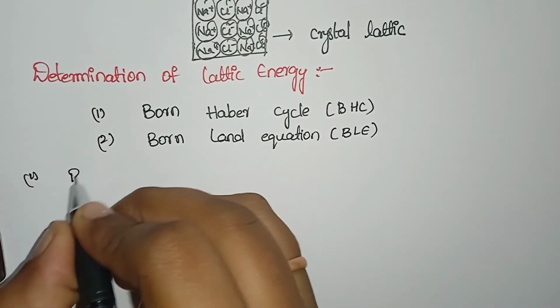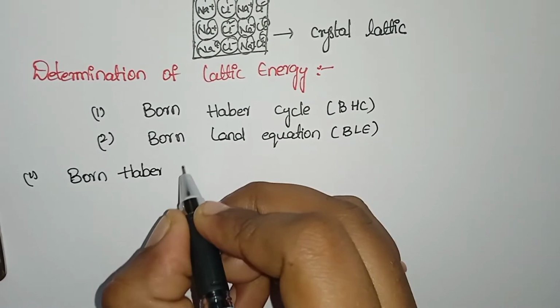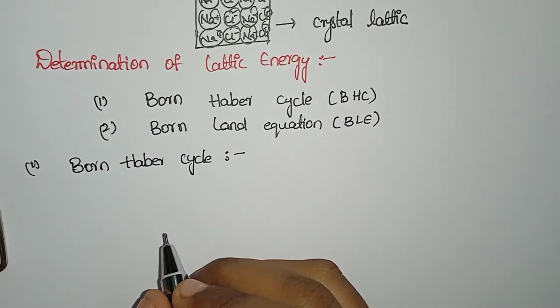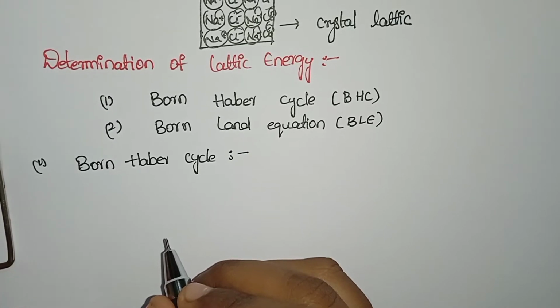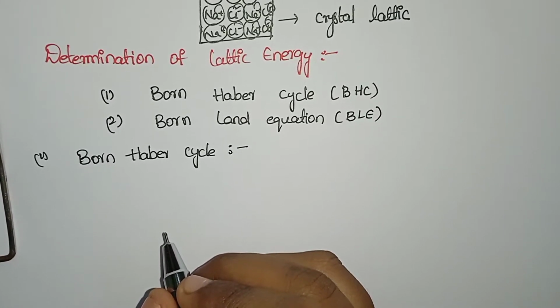First we will discuss the Born-Haber cycle. The definition: lattice energy is calculated experimentally by a cyclic process which is known as BHC.